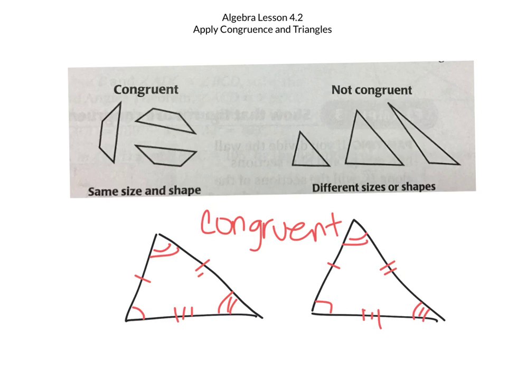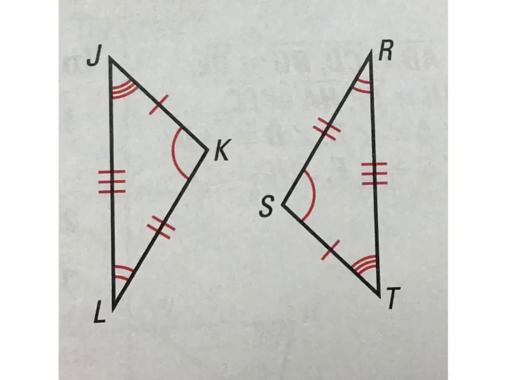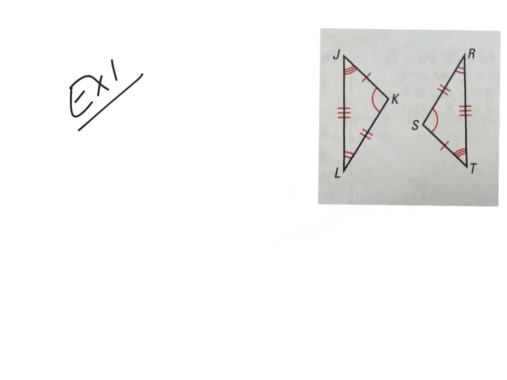All right, so let's look at one. It's in your journals. All right, they have given you 2 triangles. They're all marked up. They want you to write a congruent statement for the triangles and then identify all pairs of congruent corresponding parts.